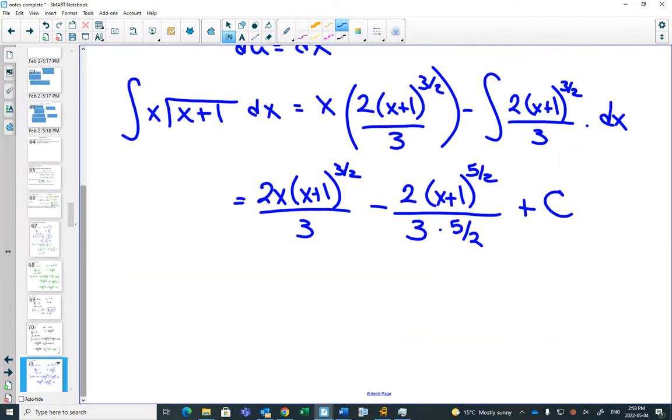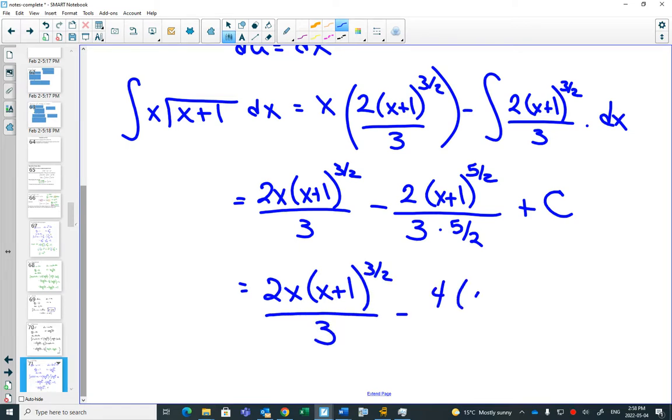So simplifying this, we would get 2x, x plus 1 to the 3 halves divided by 3 minus 4 x plus 1 to the 5 halves divided by 15 plus c.